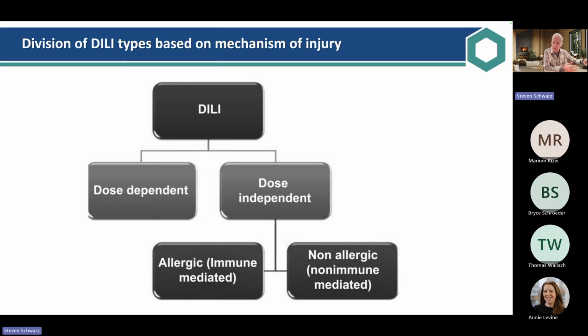This could either be immune-mediated or allergic, or idiosyncratic based on toxicity of the drug directly. So this is non-allergic. For example, acetaminophen is clearly generally a non-allergic liver injury. It's caused by the toxic metabolite resulting from depletion of glutathione.